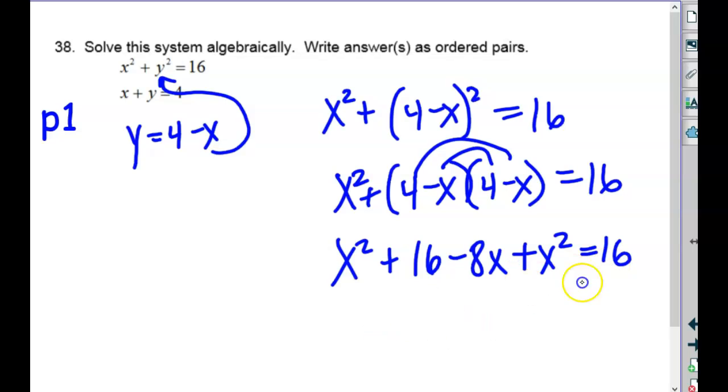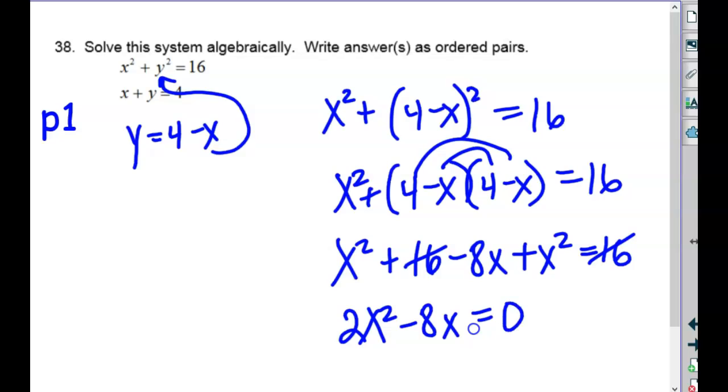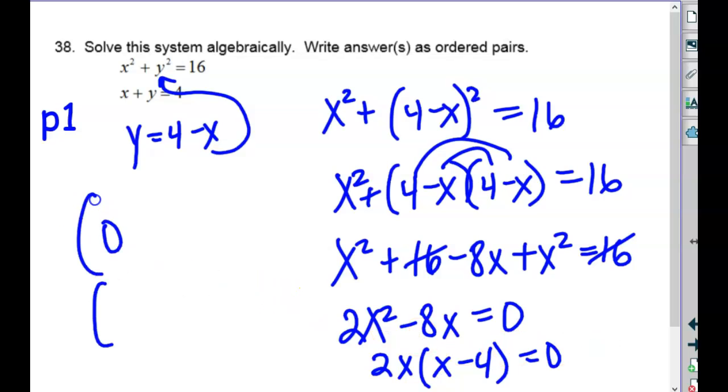If you move everything over so that it's equal to 0, you get 2x squared minus 8x. Those subtract away. Take out a 2x. You have x minus 4. So you get x equals 0 or x equals 4.